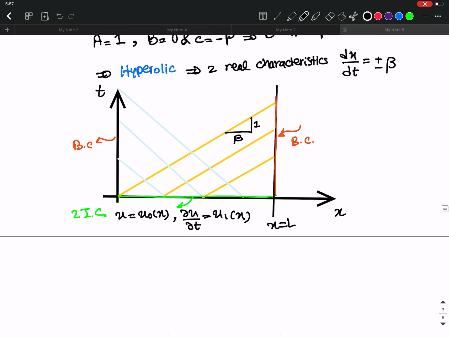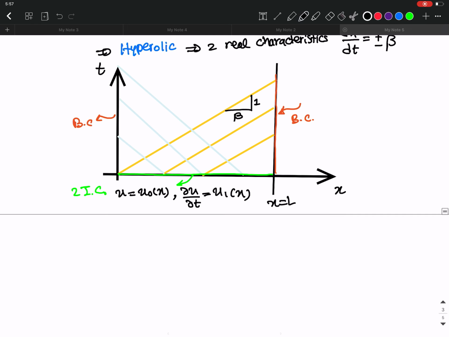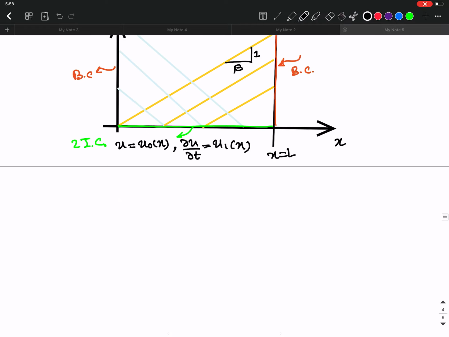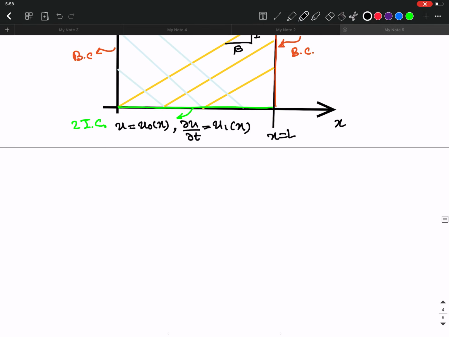I want to give you an overall idea about the domain of dependence for this problem, that is, where in the solution space you need boundary conditions or initial conditions to be able to solve this problem. So a general view of that: let me just draw it quickly.